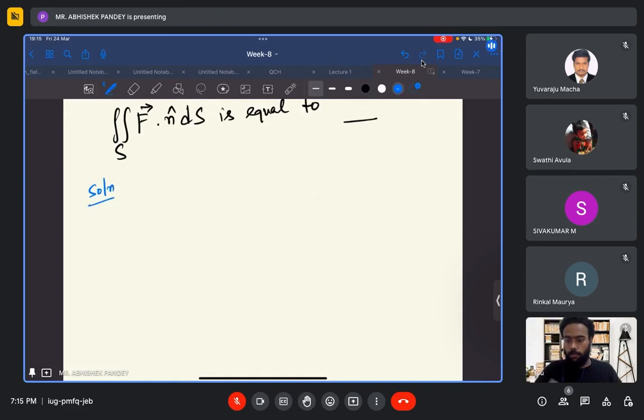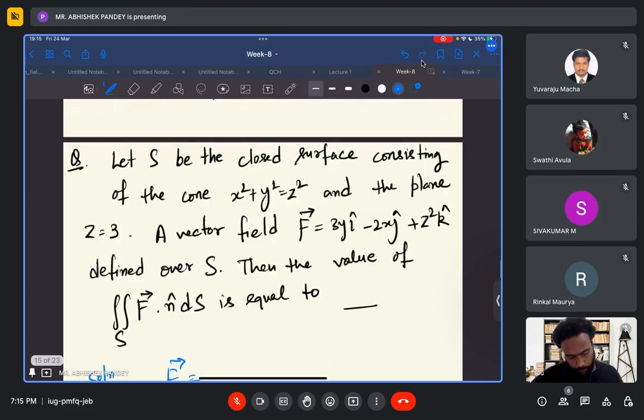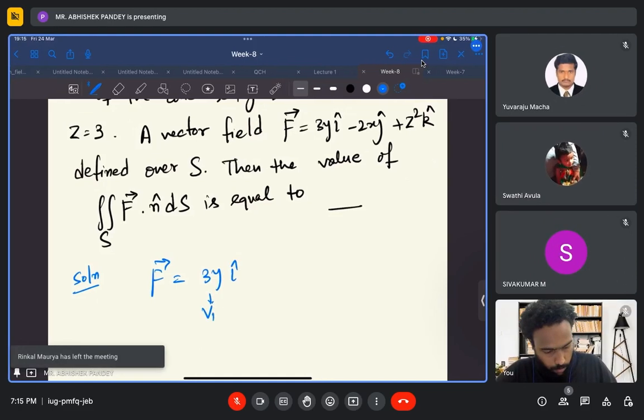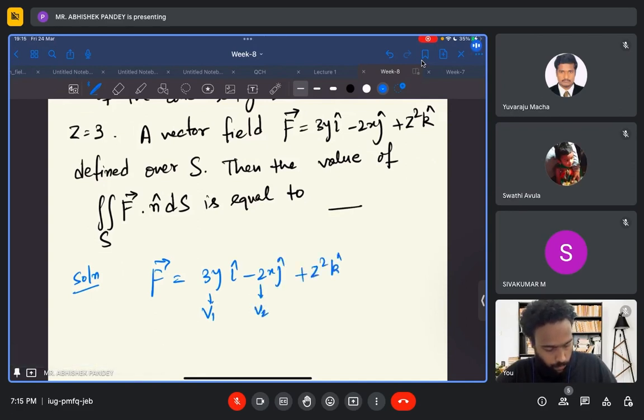So again here we need to use the Gauss divergence. Now F cap is what? The vector field is 3y i cap, this is your v1, minus 2x j cap, this is v2, plus z square k cap, this is v3.